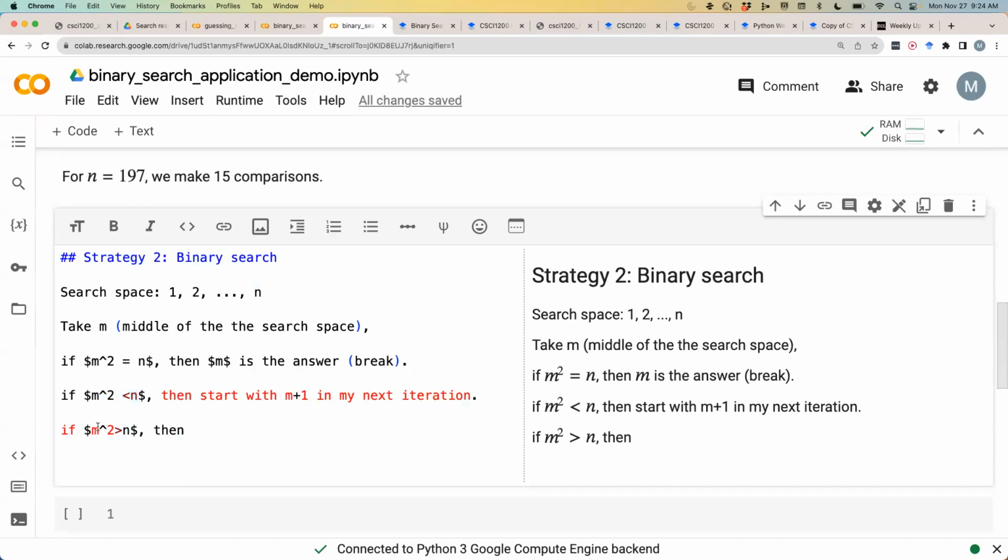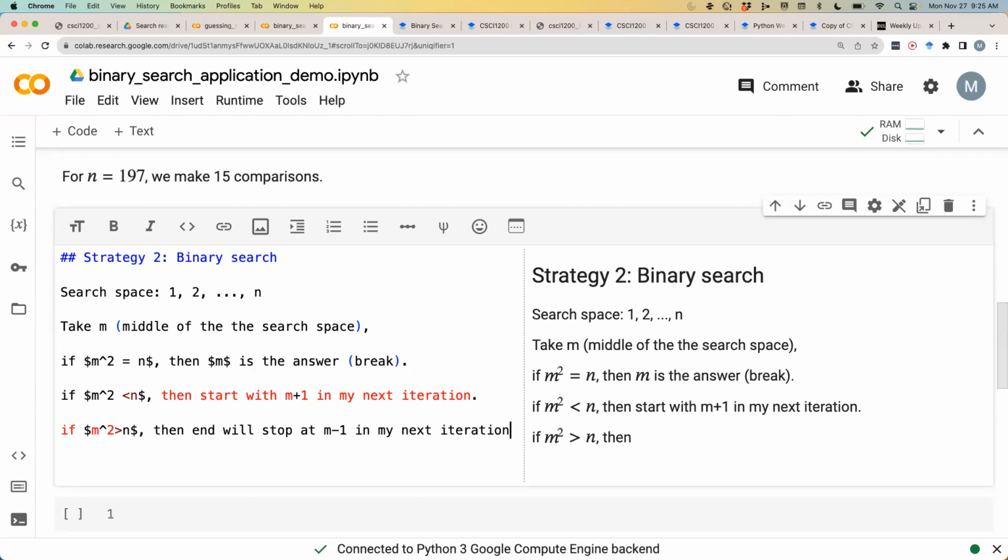Now if M squared is more than N, this could be my answer. So here our strategy is that my end will stop at M minus 1 in my next iteration.